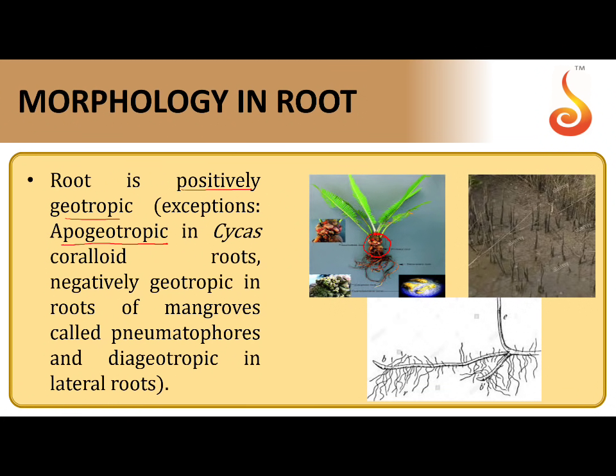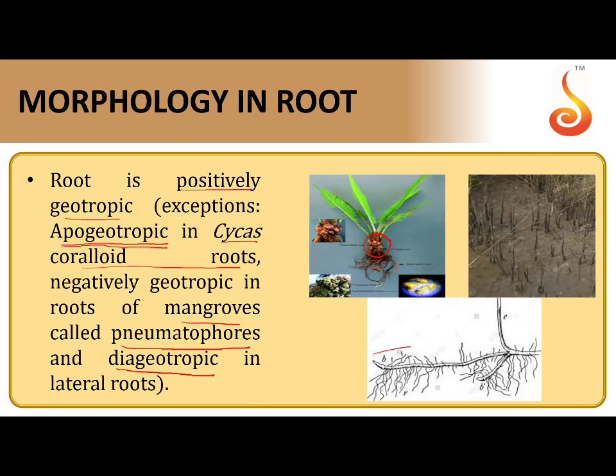It is not 100% geotropic. Or negatively geotropic, 100% we see in case of pneumatophores, mangroves. So, these two examples of cycas, coralloid roots, and mangroves, pneumatophores are apogeotropic type of roots.